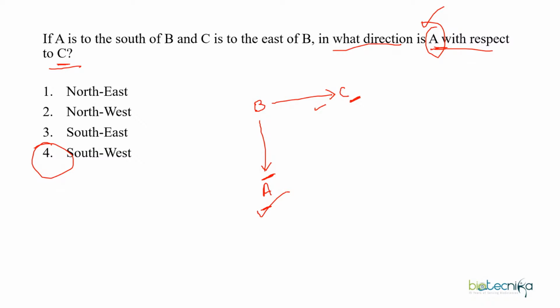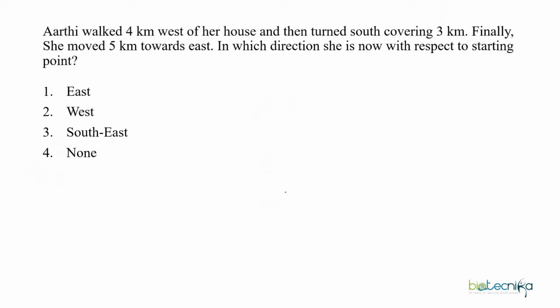You don't take vice versa, that is C with respect to A. In that case, obviously, it will be southeast, and the answer will be wrong. So you have to take it as A with respect to C. Good job to all the people who gave the right answer, that is southwest. Now let's move on to the next question.